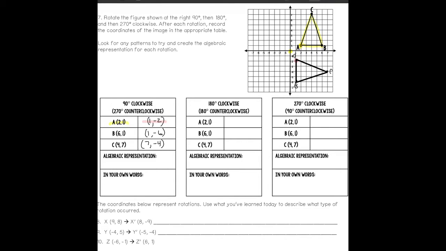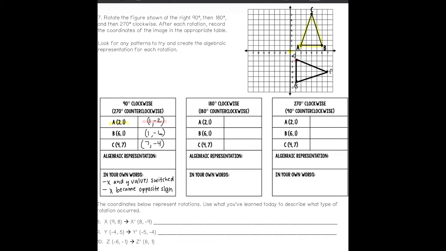Okay, so in my own words, I noticed that the X and Y values switched. Something else I noticed is that X became the opposite sign. Now the same thing with reflections applies to rotations.